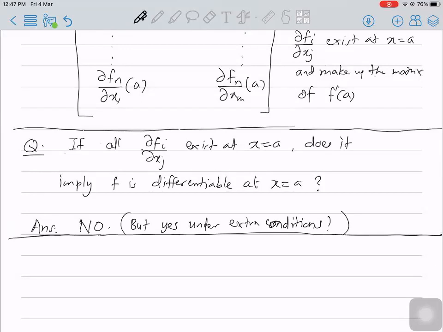If all of your partial derivatives are there and if they are also nice, if they're continuous, then the answer is yes. And this is a fact that we will prove later on.